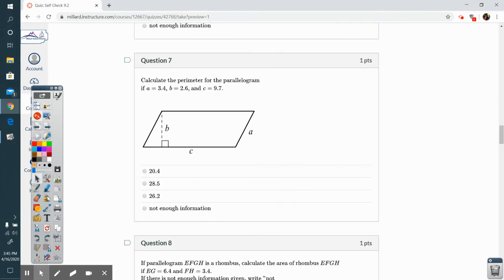Okay, moving on to the next one. Calculate the perimeter for a parallelogram. B is 2.6, C is 9.7, and A is 3.4. I don't need the height for the perimeter. I just need the sides. So this side is also 3.4, this side is 9.7, and then we're just adding all sides together, or say 2 times 3.4 plus 2 times 9.7, whatever works for you.